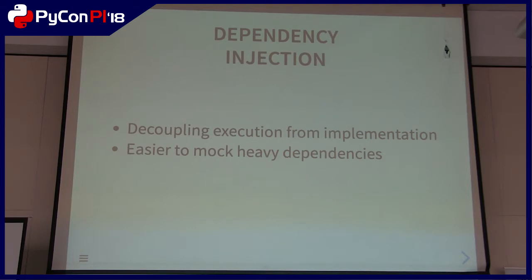Also, you could isolate some really heavy logic in this class. Or it could be like network calls for some third-party service or some heavy computation. You could just mock the subject and test the airplane itself. Or you could test these engines separately. So it gives you more control over your code.